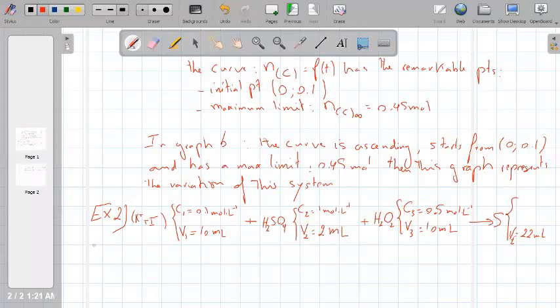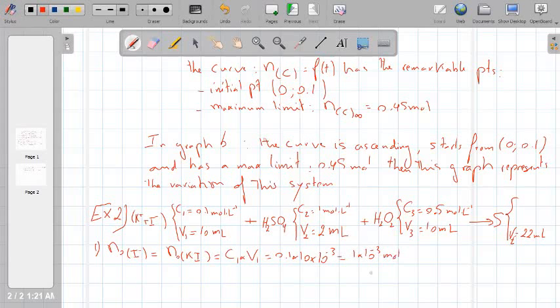1. Determine the initial concentration of each reactant in the mixture. To calculate the initial concentration, first we should calculate the initial number of moles of each reactant. N0 of I minus equals N0 of KI equals C1 times V1, 0.1 times 10 milliliters times 10 minus 3 to transform to liters, equals 1 times 10 minus 3 mole.